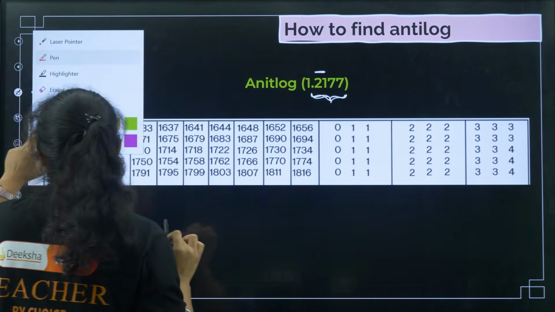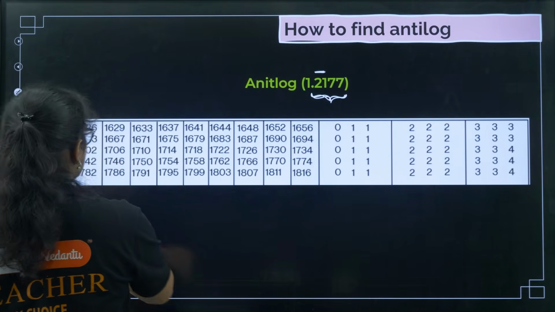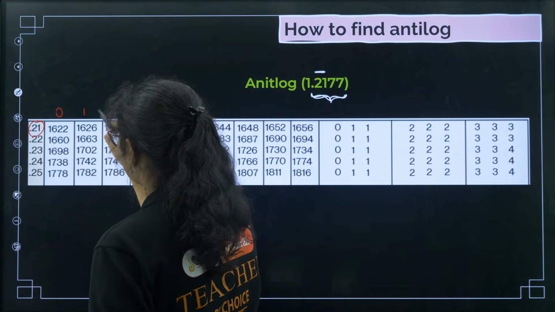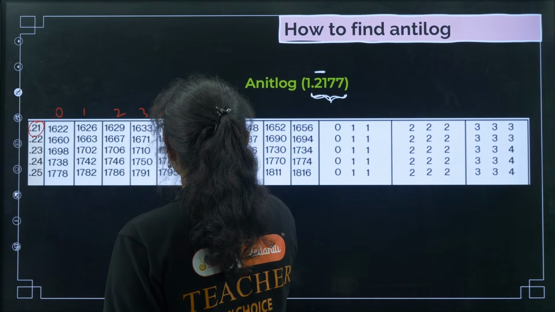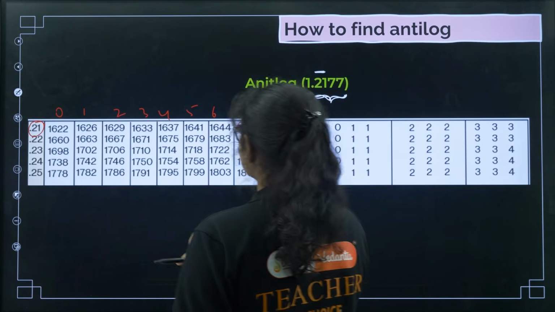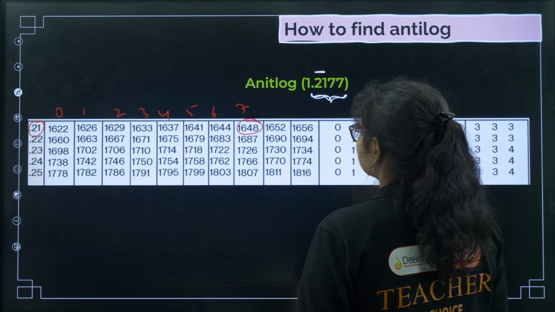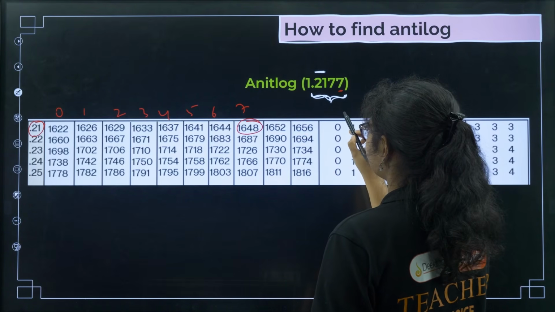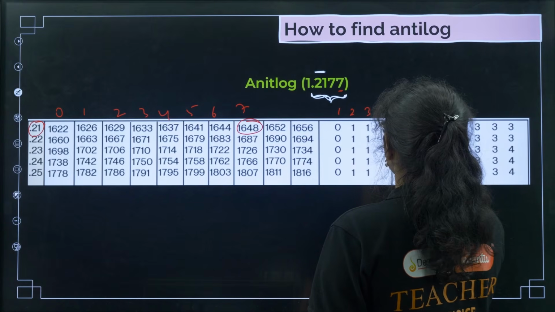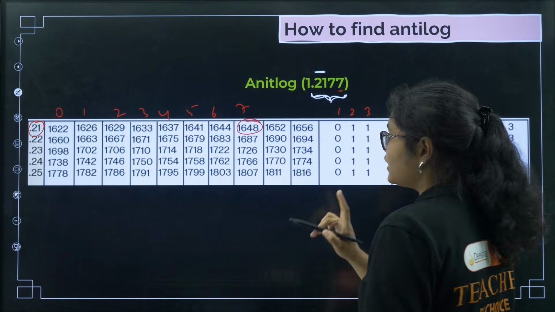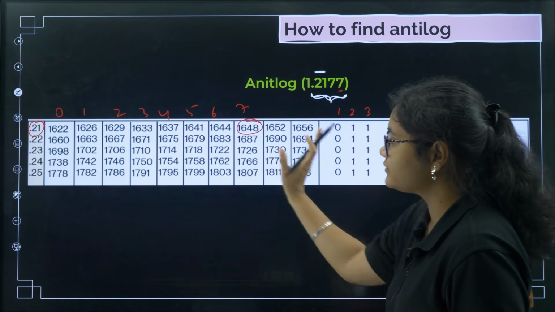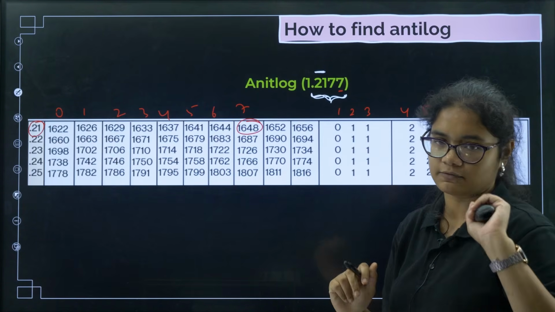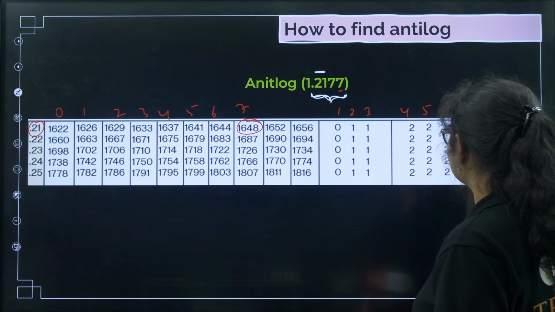Okay, next 7, the same thing, 0 1 2 3 4 5 6 and 7. 7's value is 1648. Okay, so we need 1648. Then again we have 7 in the 4th digit. Here 1 2 3 4 5 6 and 7. Here you need to keep one thing in mind, that this table starts with 0 but the mean difference table starts with 1.